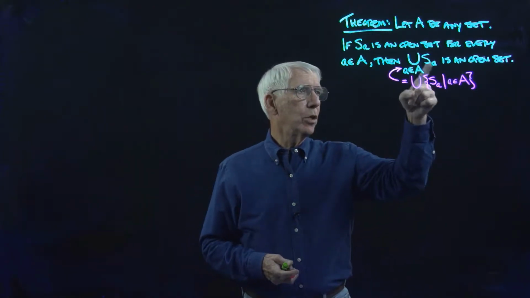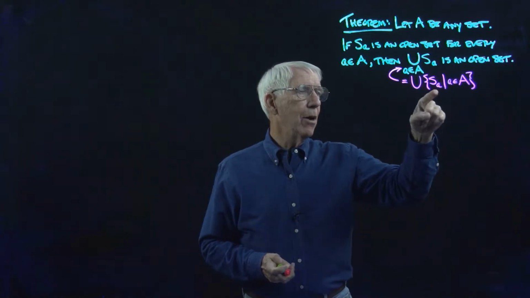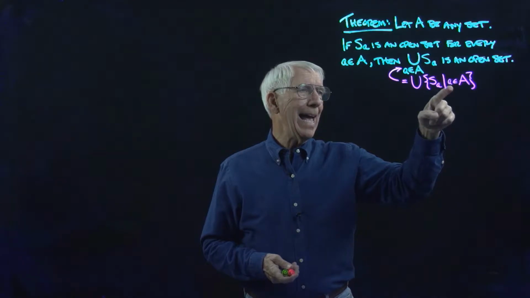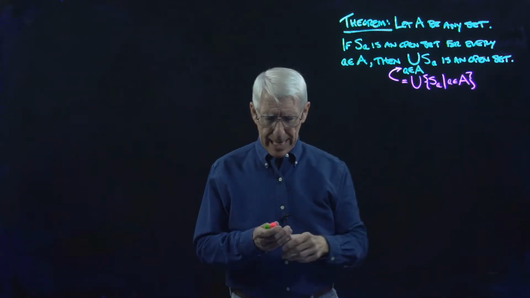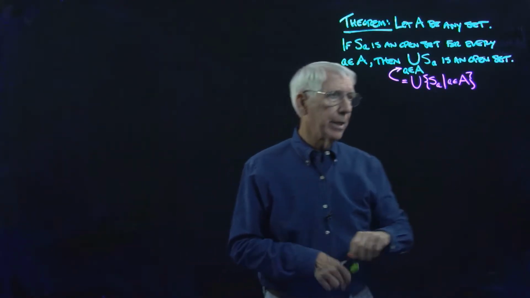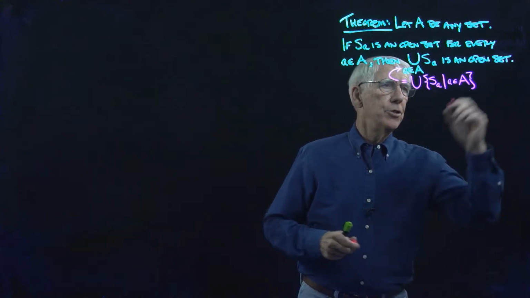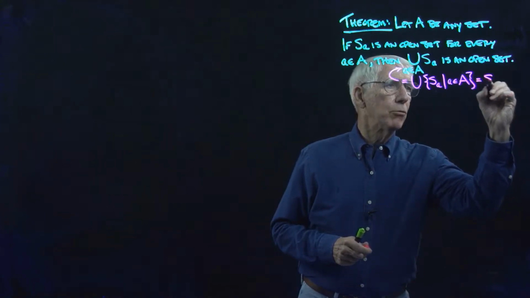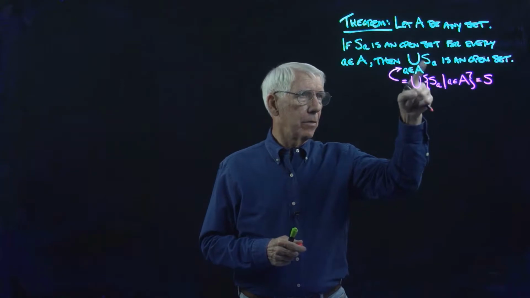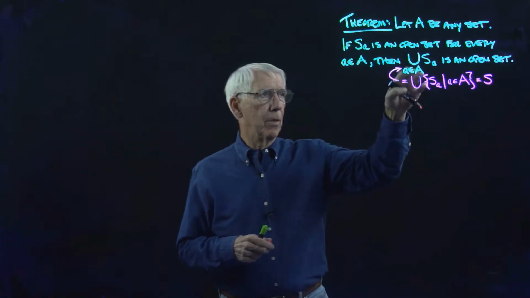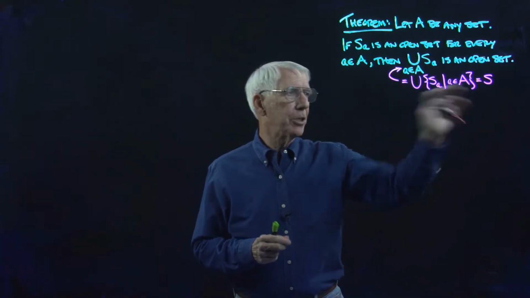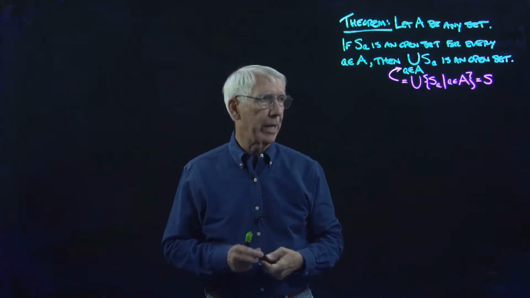We're taking the union of all the sets S sub a over all the little a's in capital A, and I'm just going to write this as S for our purposes right here, so I don't have to keep writing so much.